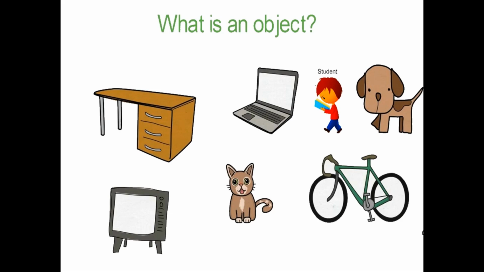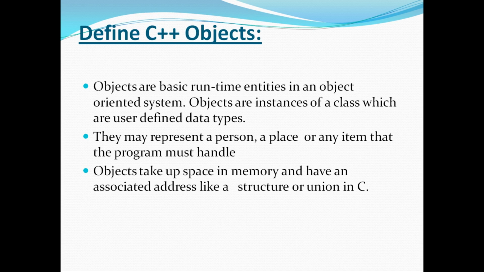So, what is an object? Object is a real world entity. It may be a table, a laptop, a person, dog, TV, etc., which vary in the real world. Now, the object in C++: objects are basic runtime entities in an object-oriented system.